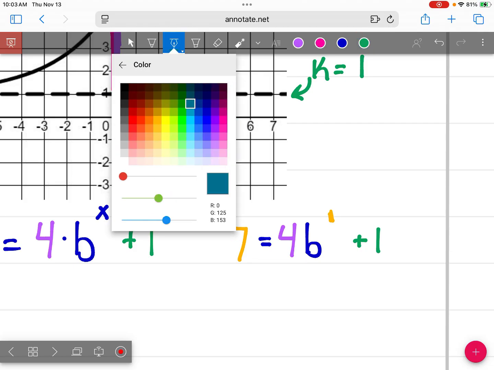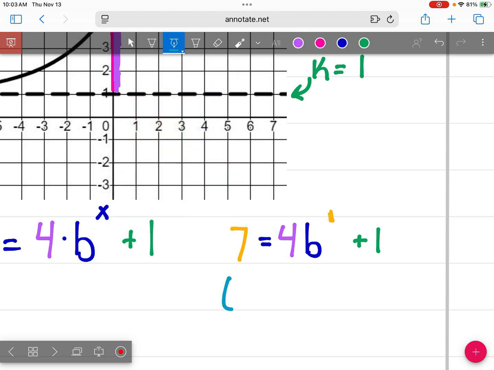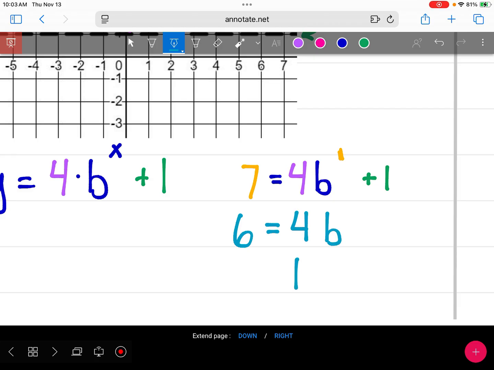Oh, so we'd have 6 equals 4 times b to the first, which is just b. So what is b going to equal? What is our base? Careful, not 3/4. 3/2. So either 6/4, excuse me, 6/4 or 3/2.